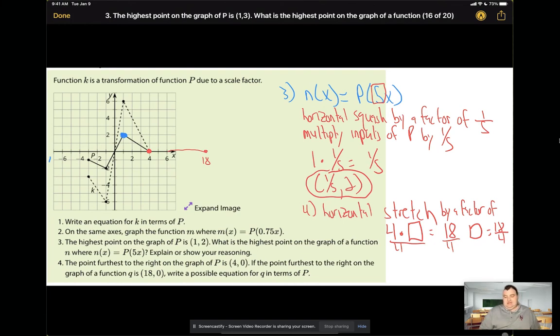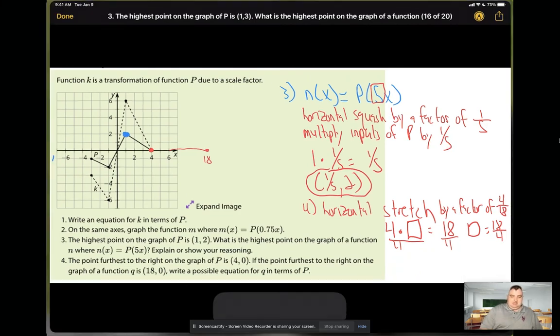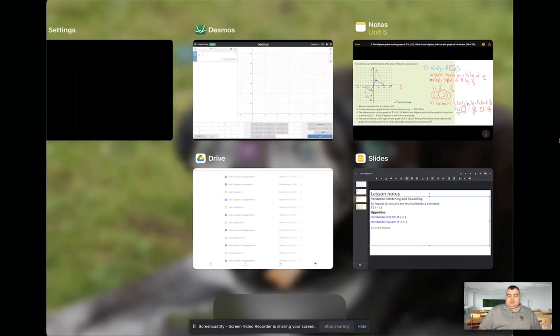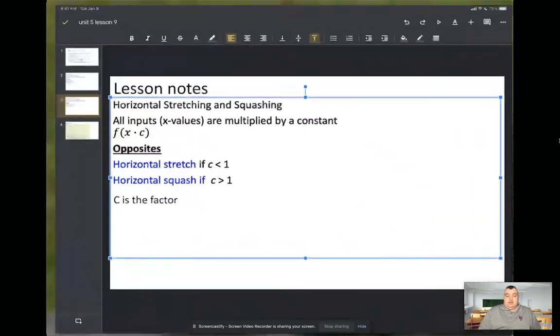So if 4 times 18/4 is equal to 18, this is going to be a horizontal stretch by a factor of 18/4. Okay, the opposite of 18/4 is going to be 4/18. So this is a horizontal stretch by a factor of, excuse me, by a factor of 4/18.